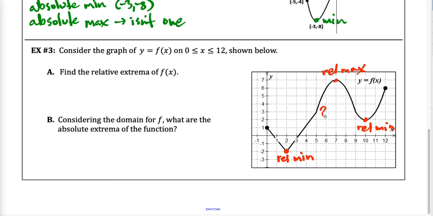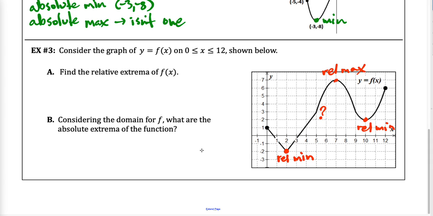Oh, is this a question mark for others as well? I should erase it now? You look like you were questioning yourself. So, this is going to be one of the weird situations where you kind of have to remember the definition of what a relative min is. I know looking at a picture is usually really easy.